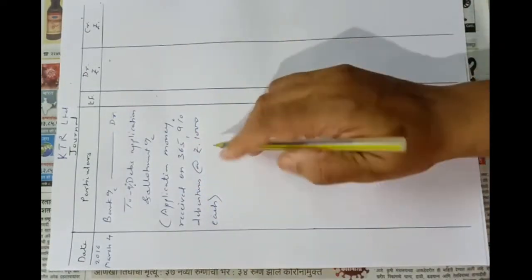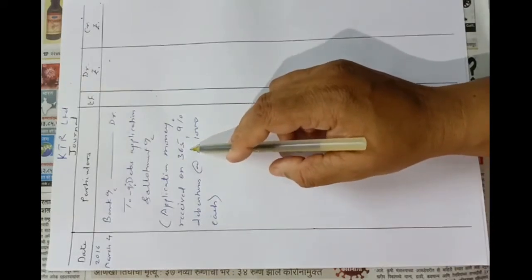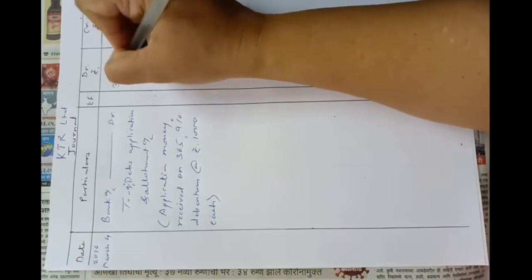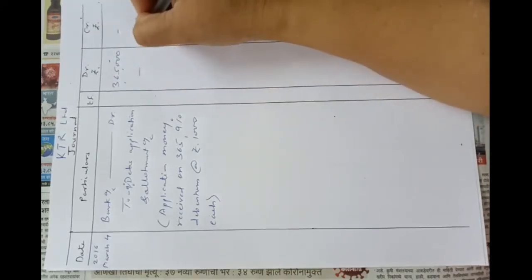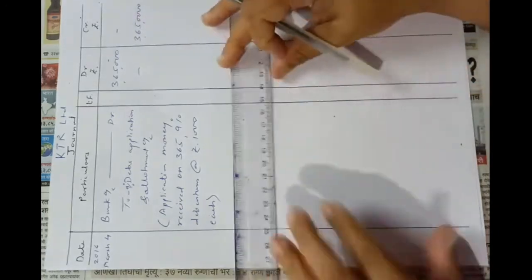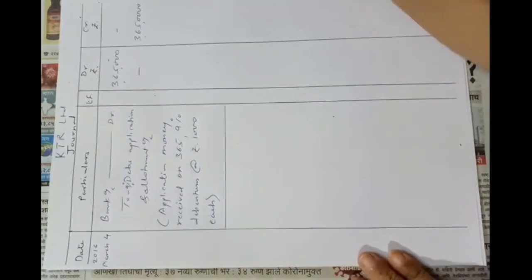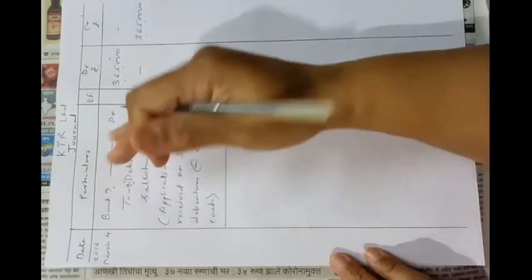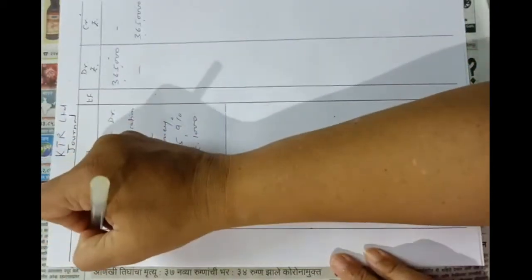Okay, so 1000 into 365, it will be 3,65,000. This is the first condition. Now first entry of first condition.